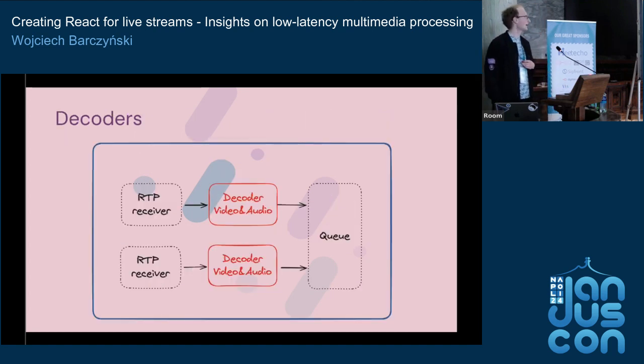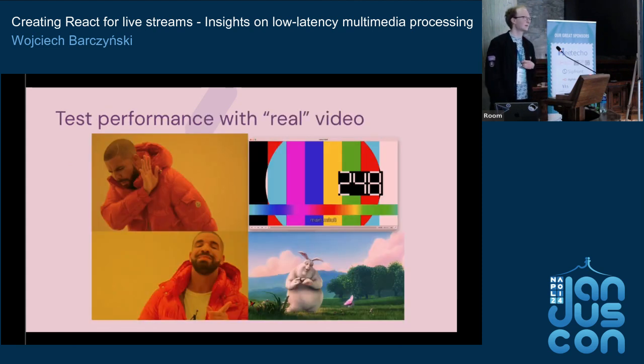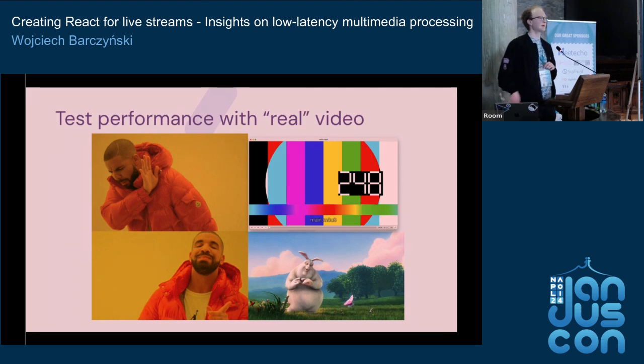Okay, we've received our data. Now we have to decode it before working with it. And here we also made some mistakes. Firstly, we tested performance on some test sources, like FFmpeg test sources or Ustreamer ones.